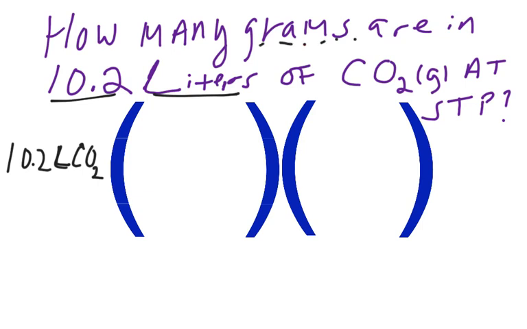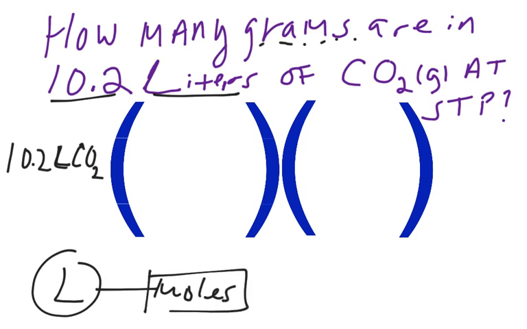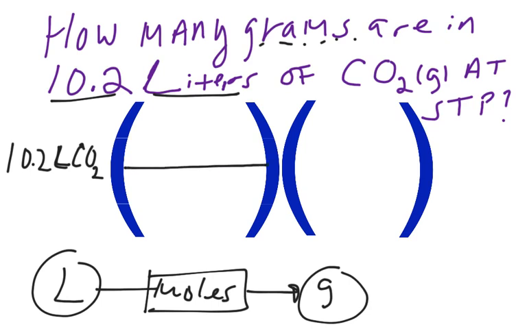What we're going to do simply, guys, is change our liters into moles first, and then go from moles to grams. That's our map. So we put our line here to separate the numerator and denominator.